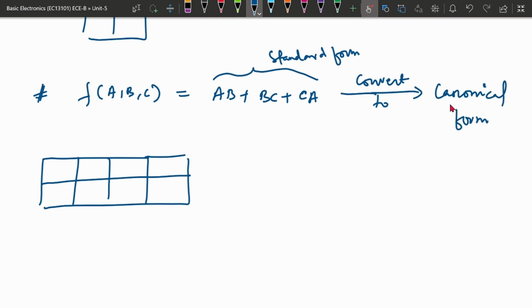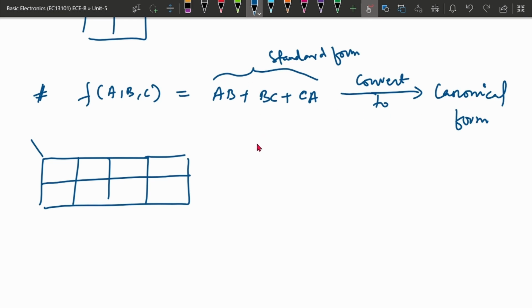Canonical form means the function should be written in its min term or max term format. If it is in min term or max term form, then only we will be able to put the values into the K-map. So before minimizing the function using the K-map, we have to convert the function into its canonical form.